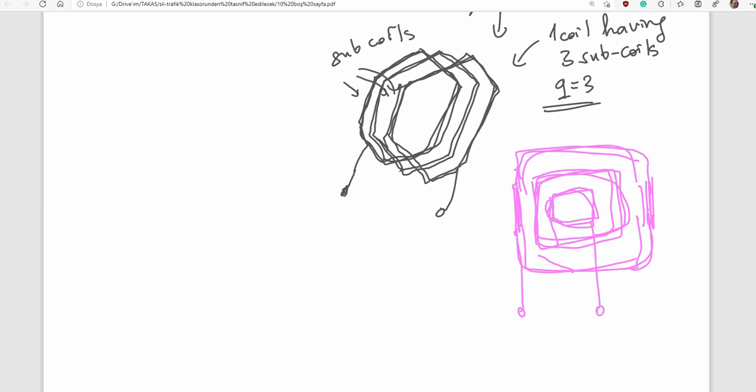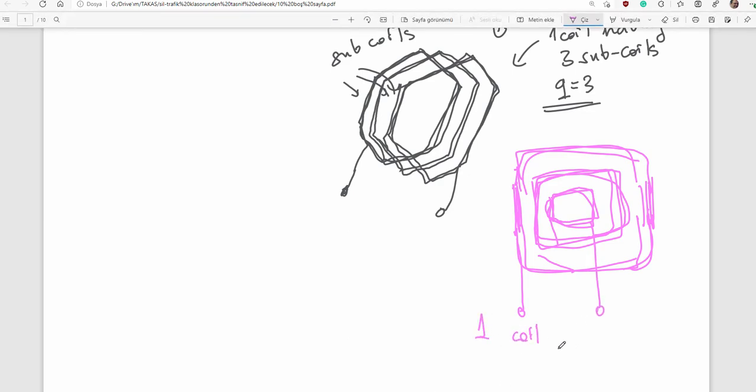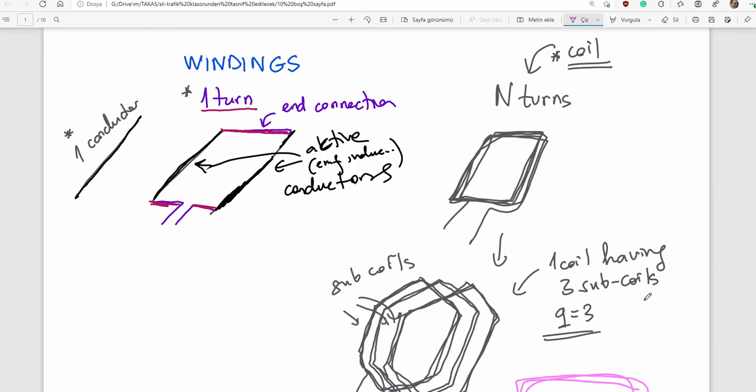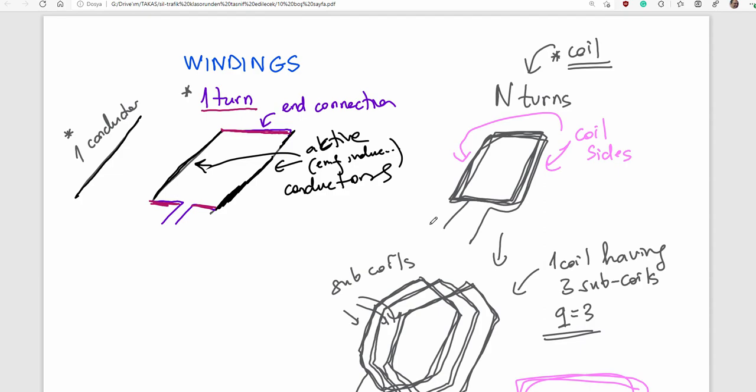That is the final end of the coil. Again, that is one coil having 3 subcoils. Again, those are coil sides. One coil has 2 coil sides.